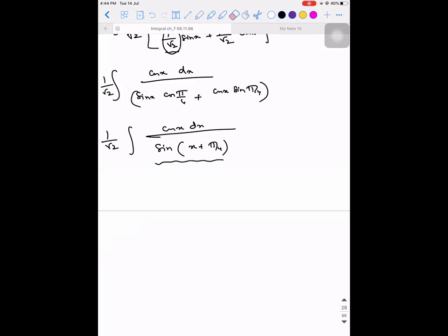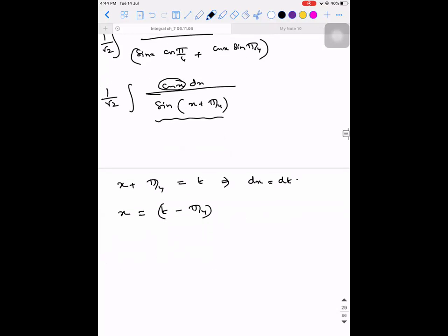So here I cannot put sin of x plus pi by 4 as t directly, because if I differentiate it, I get cos of x plus pi by 4 into dx. But what do I have in the numerator? I have only cos x. So first I will put x plus pi by 4 as t. Then dx will be equal to dt and x will be equal to t minus pi by 4.